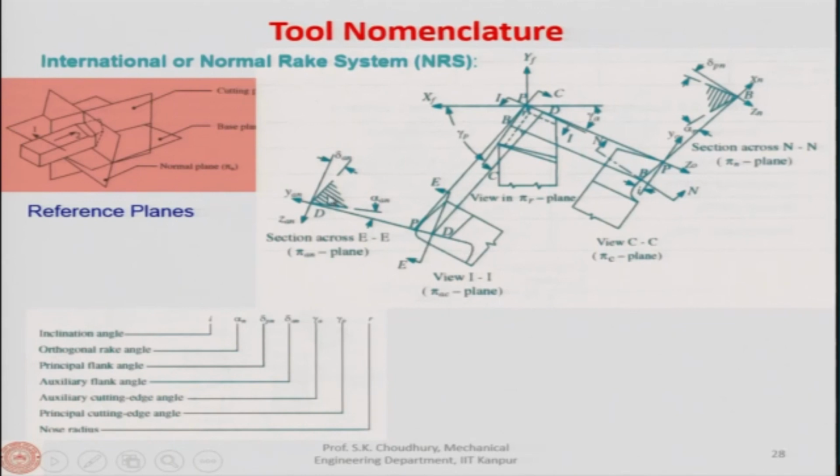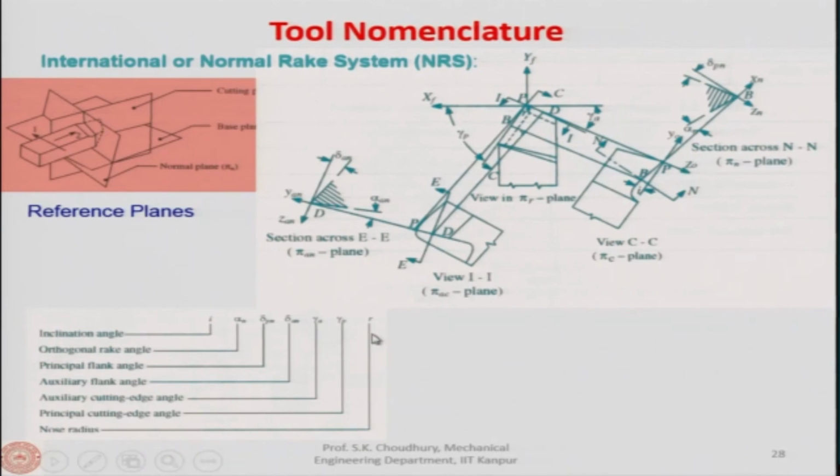So, therefore, this plane is called the auxiliary normal plane. This is called the normal plane because this is the cutting plane and perpendicular to the cutting plane will be the normal plane here. Because this is perpendicular to the cutting edge particularly, that we have to mention. That is the difference, as I said, between the normal plane and the orthogonal plane.